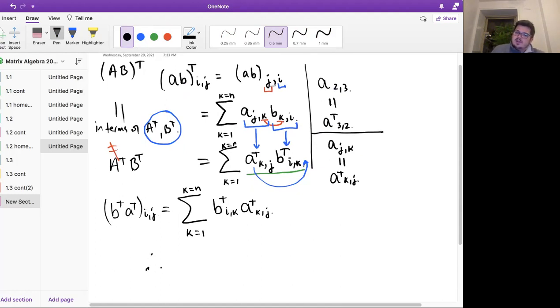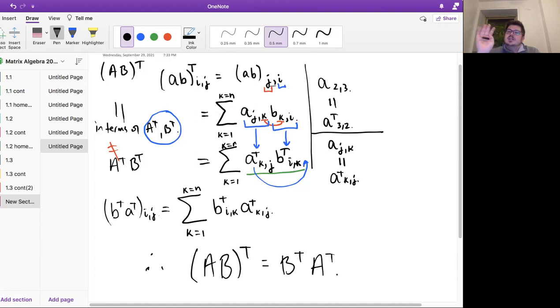So all the coordinates are the same. That means what is AB transpose? It's just B transpose A transpose. So the transpose is not distributive, but first you have to flip it and then distribute it. So it's a neat formula. Don't think it's the other way around. Don't think it's A transpose B transpose. It's a nice formula to have.